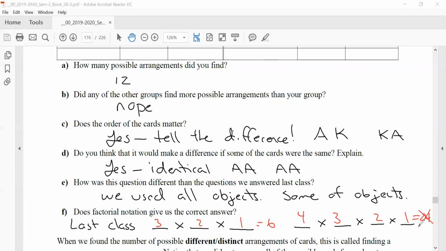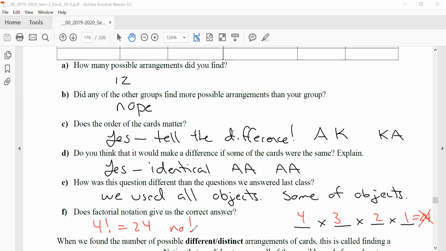So does factorial notation, which in this question would be 4 factorial, which gives us 24, give us the correct answer? No. The reason is because we're not using all 4 of the cards.